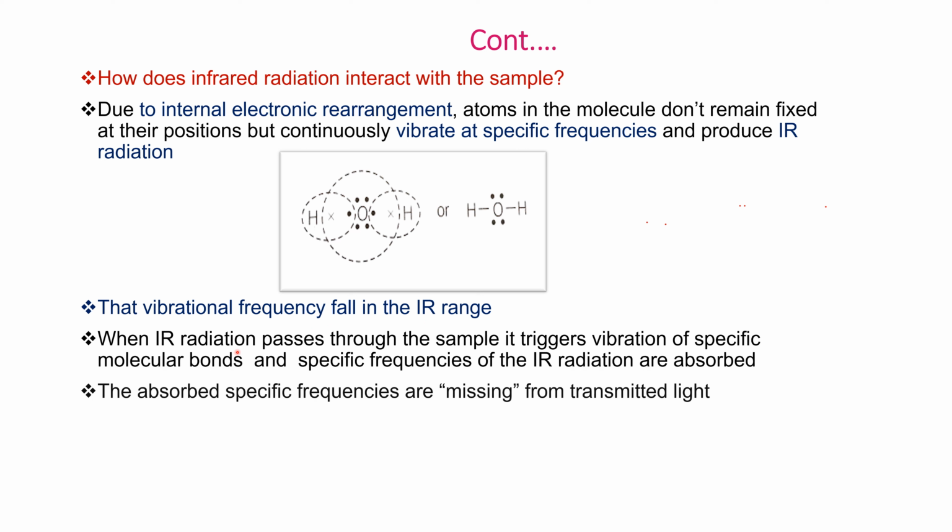When IR radiation passes through the sample, it triggers vibration of specific molecular bonds, and specific frequencies of the IR radiation are absorbed. The absorbed specific frequencies are missing from the transmitted light. The missing frequencies of IR radiation give a lot of structural information of the molecule.